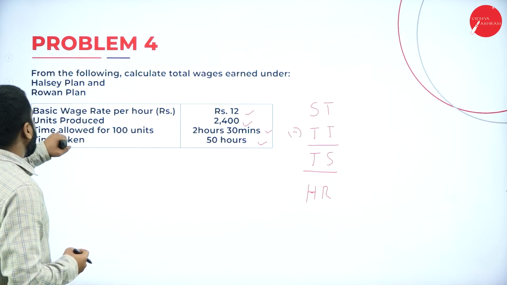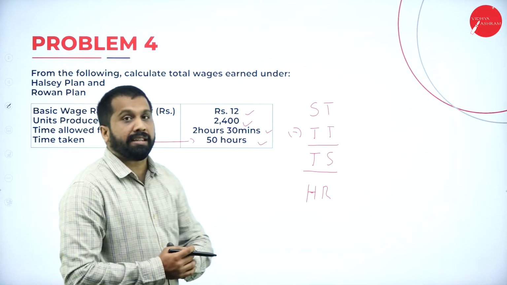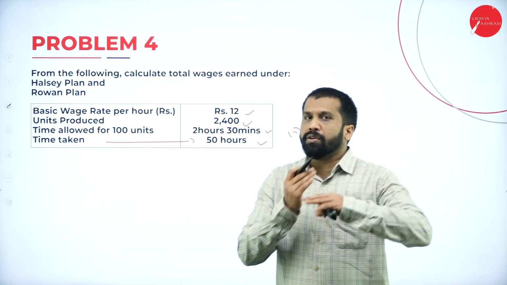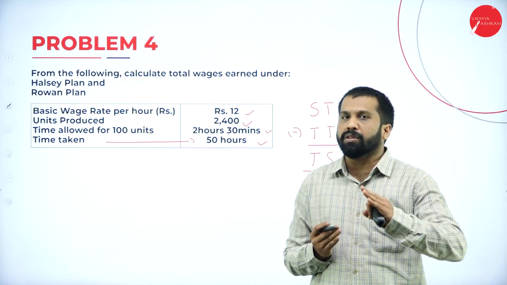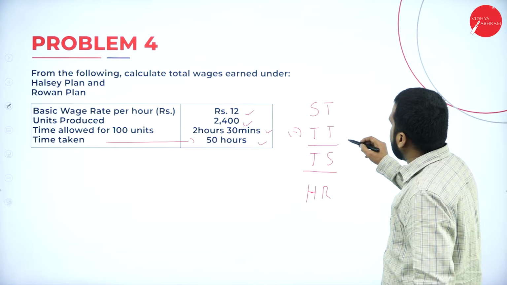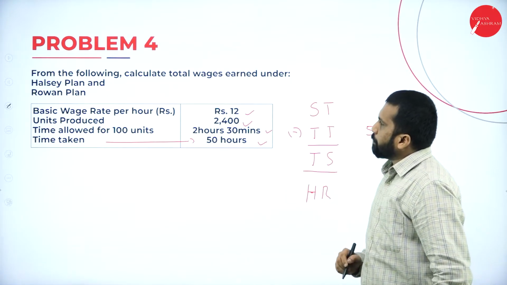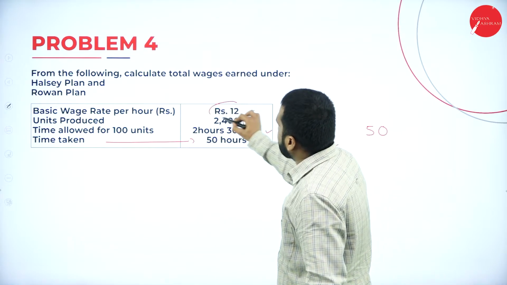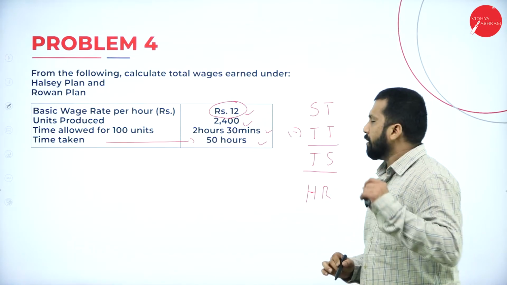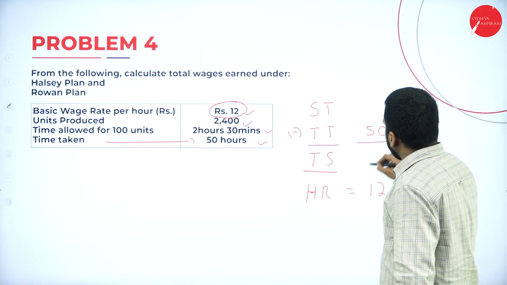Time taken, yes, they have given directly. 50 hours is the time taken. We are not doing A, B, C or X, Y, Z. We are doing only for one worker. Now, time taken is given like 50 hours. So, what is the rate per hour? Basic wage rate is 12 rupees per hour. Now, your wage rate is 12 rupees.